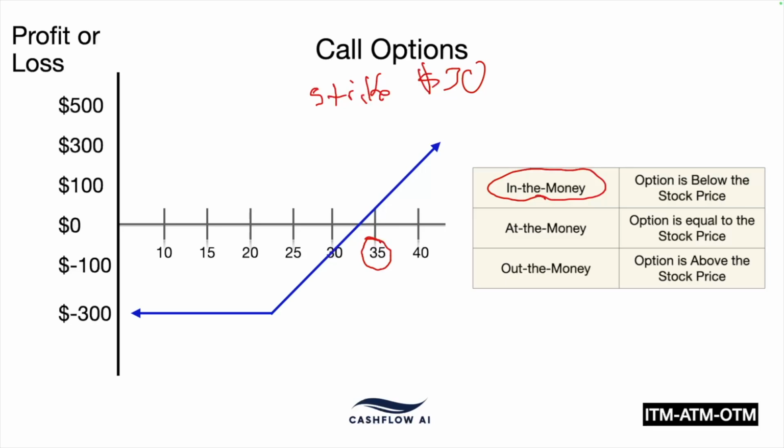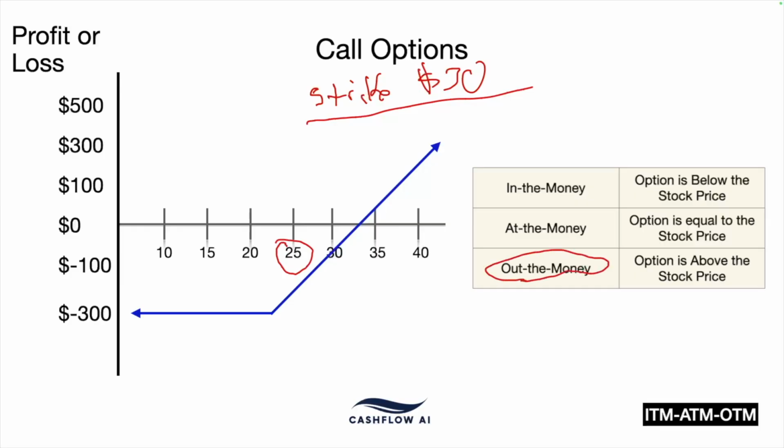That has equity, or it has intrinsic value. That is in the money. It actually has some value behind it. Okay. And then obviously the complete opposite of that would be the same thing. We have the $30 strike price still, but now the stock is at $25. And so this is what we'll call out of the money.